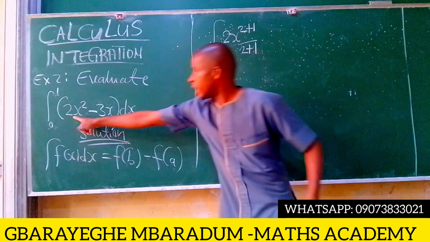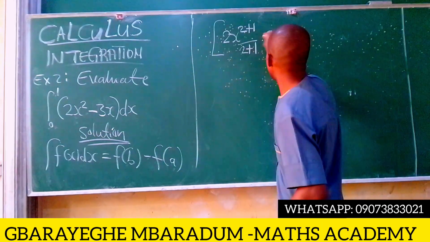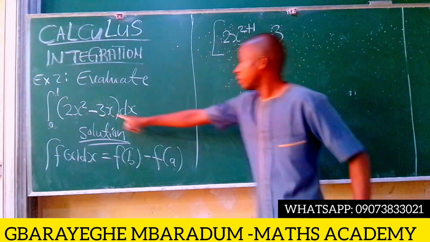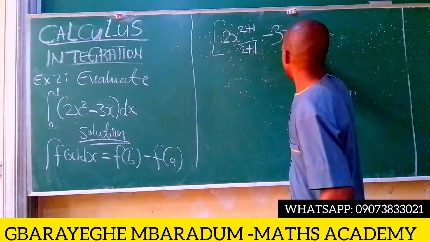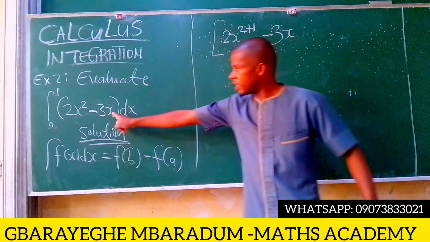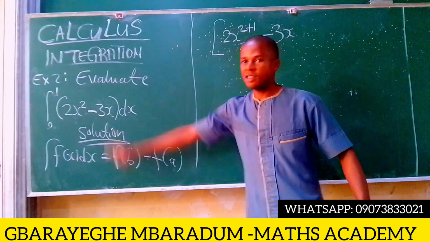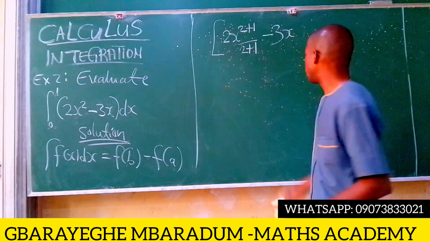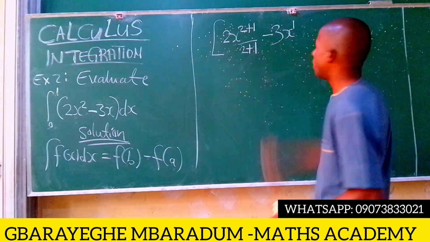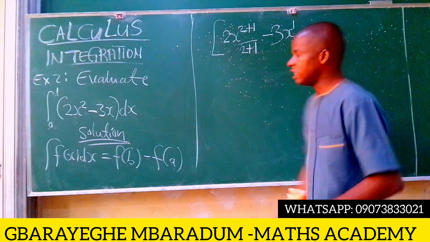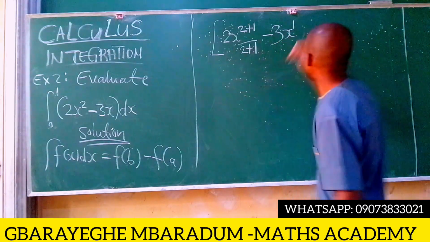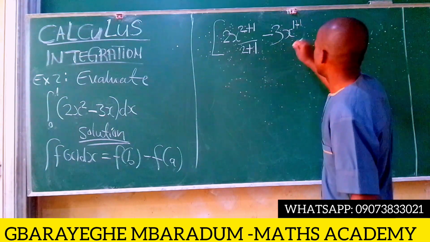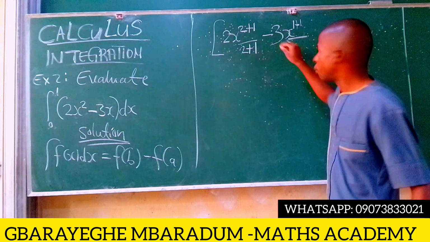Then we are done with this one. Minus 3x. Note that this x has an invisible power of 1 by the law of indices, because anything raised to the power of 1 is the same thing as that variable or that number. And in integration we add 1 to the power, which is plus 1. Also bring this 1 plus 1 down.